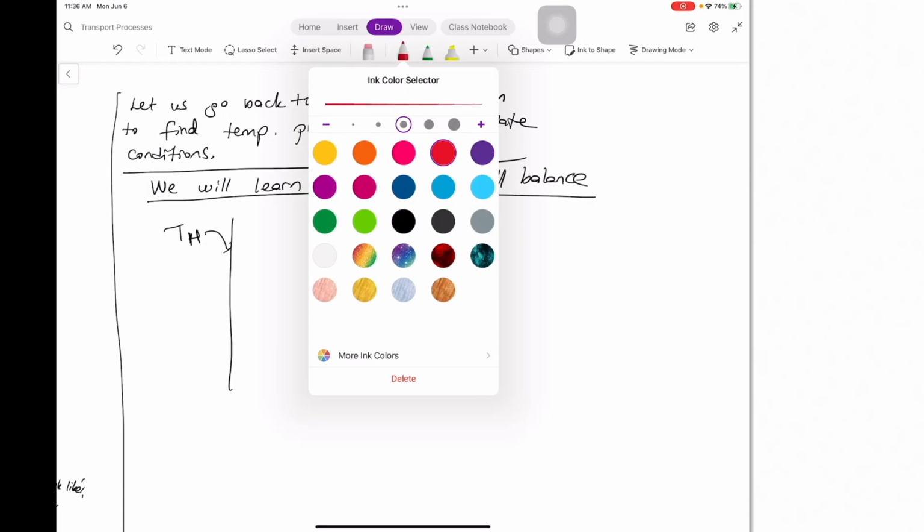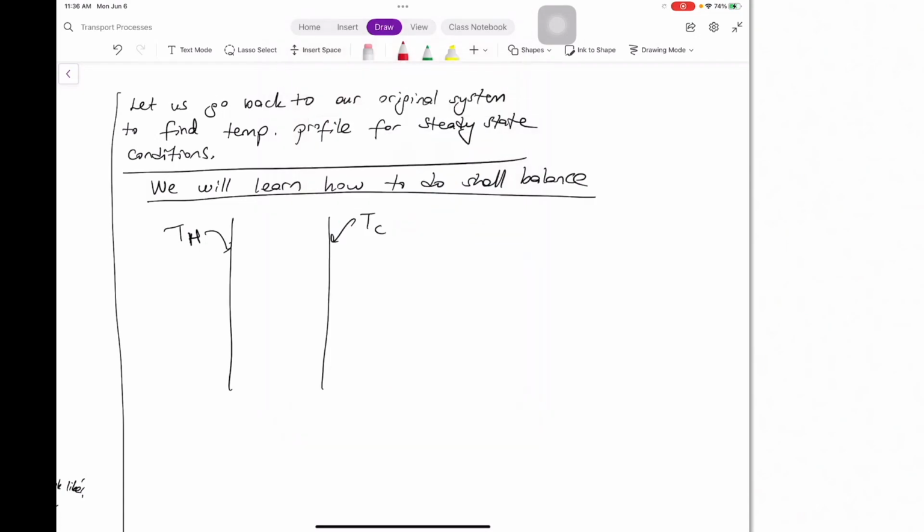And I'm going to pick a slice, what's called a thin shell, at a position x and x plus delta x. This is my x equal to 0. This is my x equal to L, right?